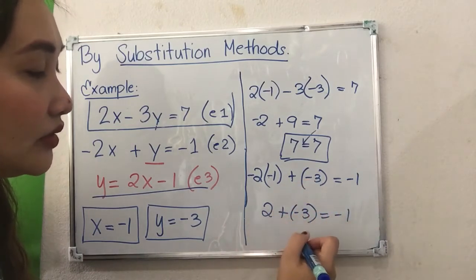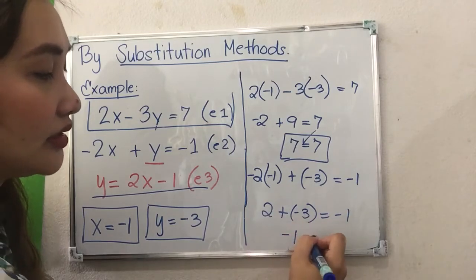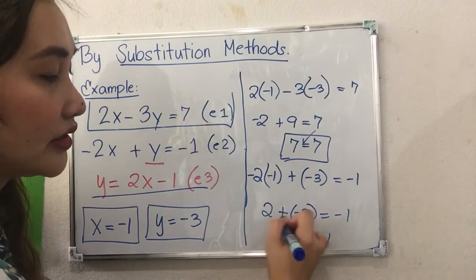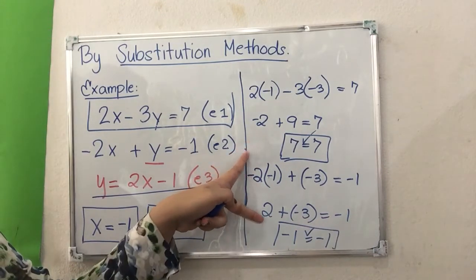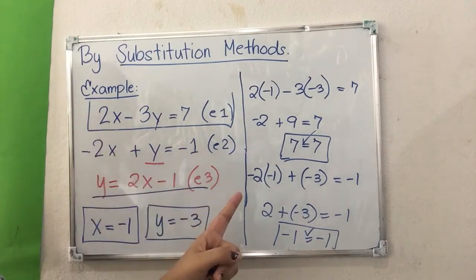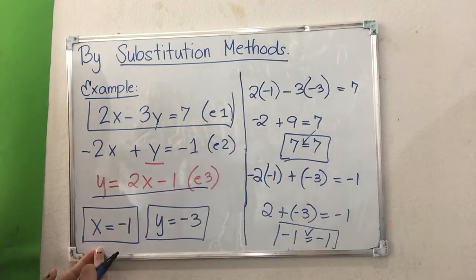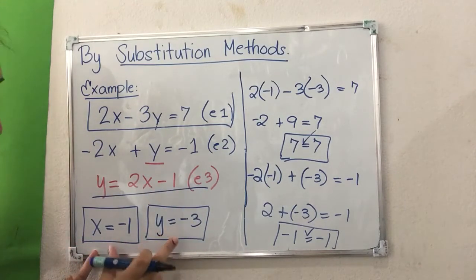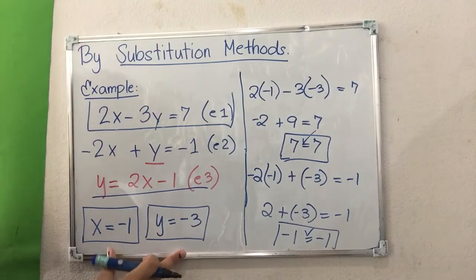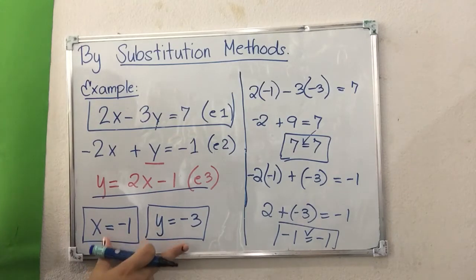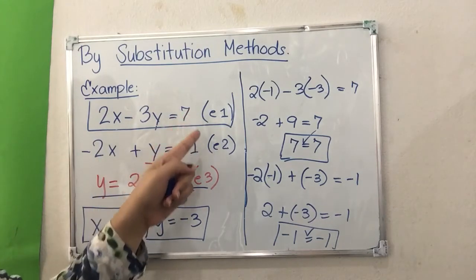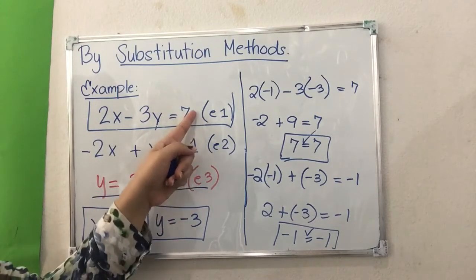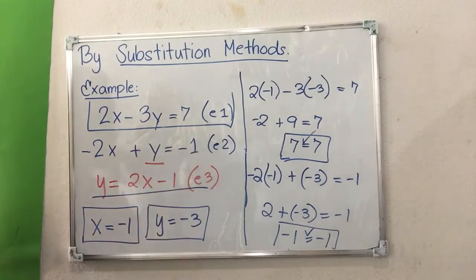Simplifying, 2 minus 3 is negative 1. So both equations are satisfied. Therefore, x and y have the same pair of values to satisfy the two equations. Simple as that.